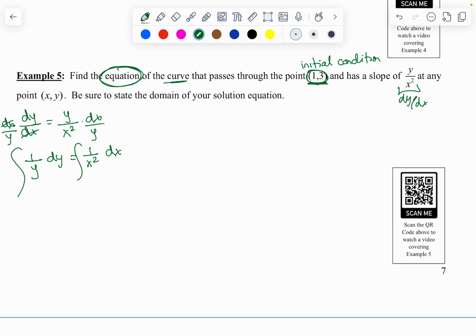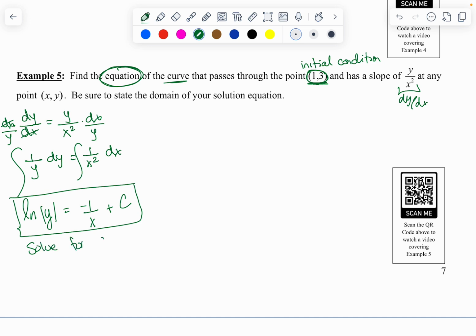Now we can integrate because we have separated, and we get ln of y equals negative 1 over x plus c. So far we're on our way to the general solution. Because I want to find the particular solution, I'm going to solve for c using (1, 3) before I rewrite my particular solution.